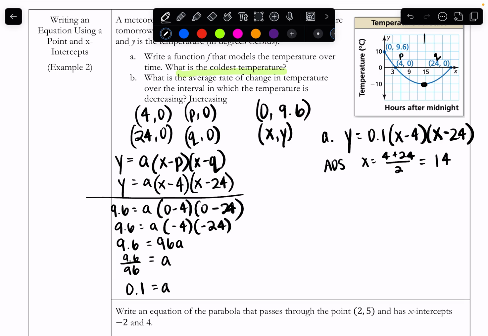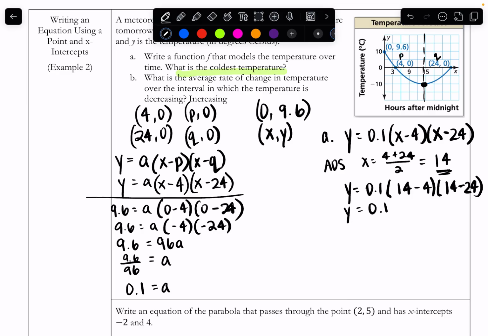So 14 is that axis of symmetry, which is not exactly on the grid here. But because I know this x value, I can then take it into my equation that I've written, 0.1. All right, subbing in for x, 14 minus 4 times 14 minus 24. And I am able to actually find exactly what that is.